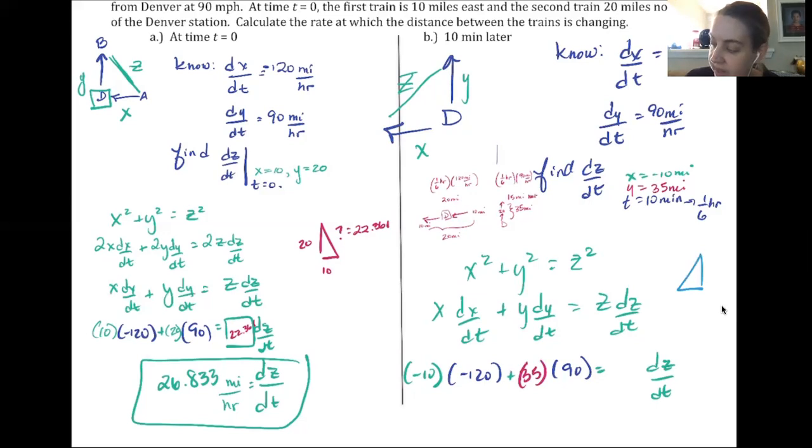So we know that this is a negative 10. We know that this is 35. We need to find the hypotenuse. When you go to square that negative 10, it becomes a positive 100. So you don't have to worry about negative values in your Pythagorean theorem. Just kind of solve as usual. So 10 squared plus 35 squared. Square root of this gives us 30.4.